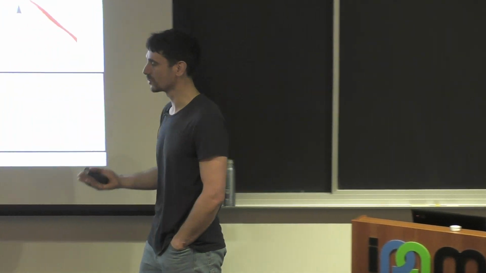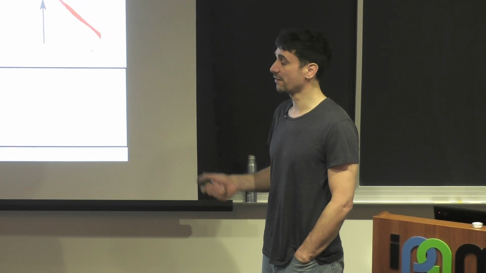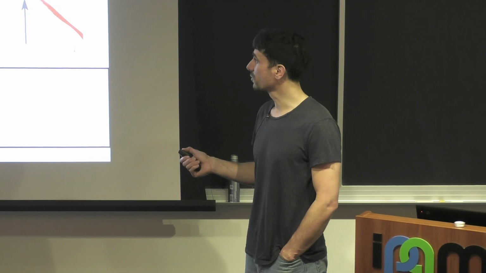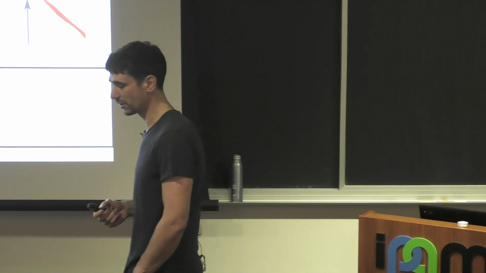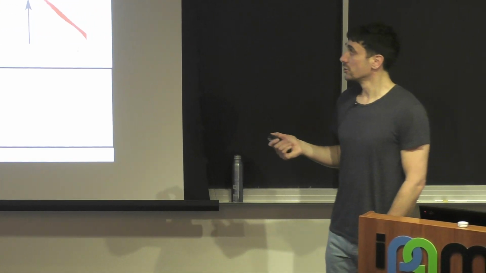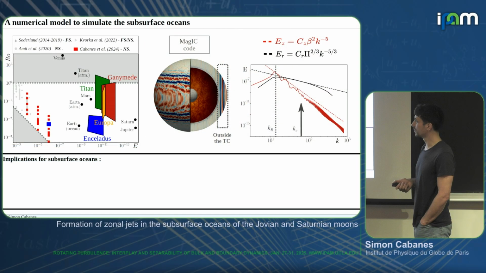And there is always a point in which we say that this scaling has been tested from observations on Jupiter, so it's quite robust as well for some observations in planetary bodies in which the Ekman number is very low. So we can maybe trust in that one and try to get some prediction for the subsurface ocean.